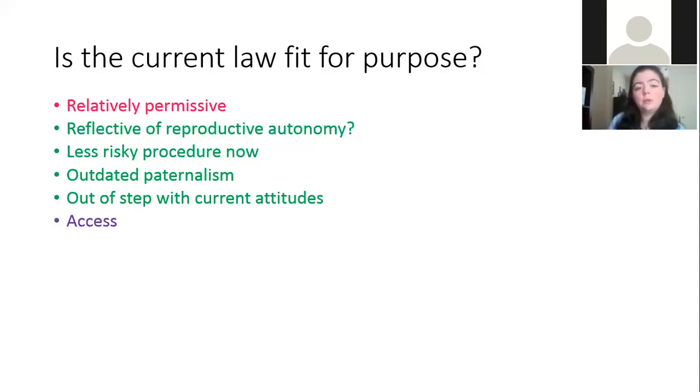So those ones in green there are theoretical issues with the law. These ones in purple are real practical, tangible things that are wrong. So access. Some of the conditions that have to be fulfilled are a barrier to access for some people, e.g. vulnerable people.